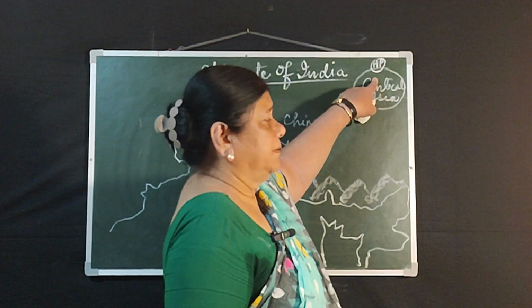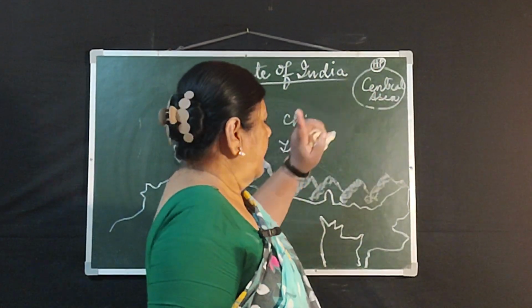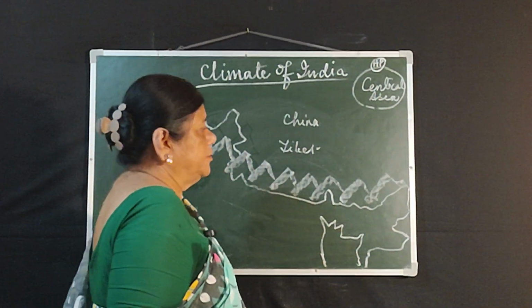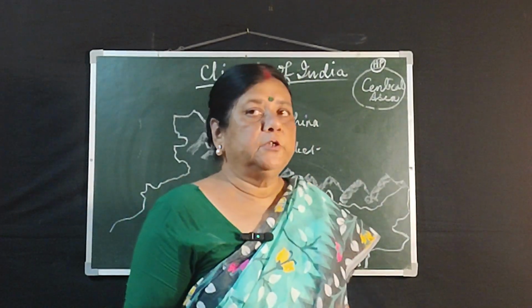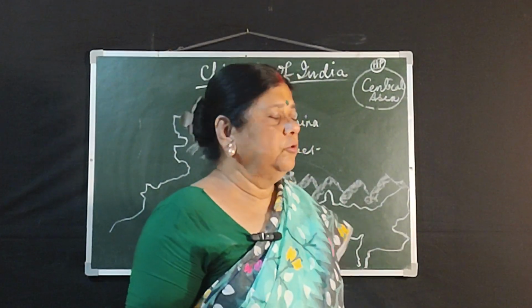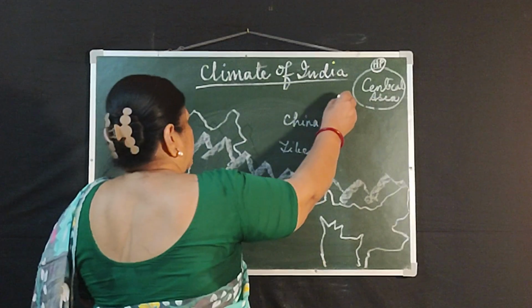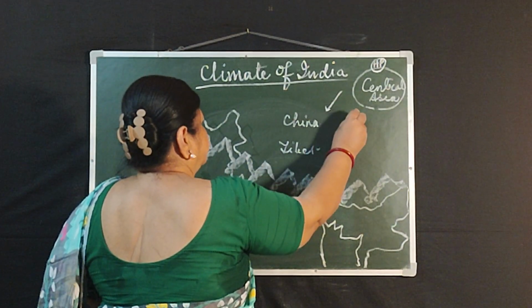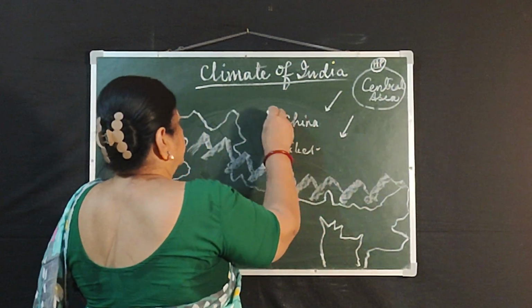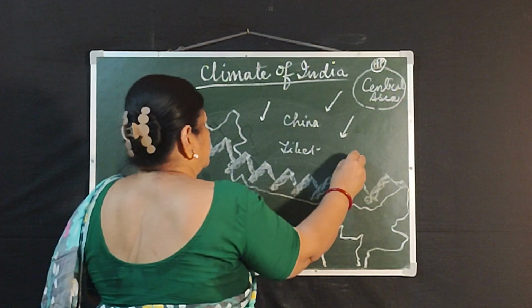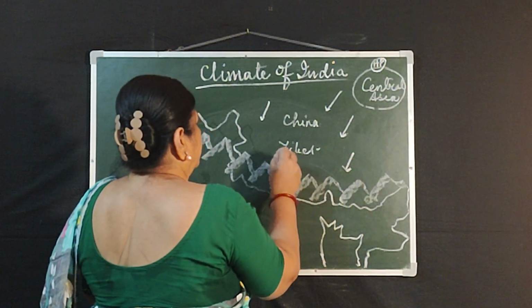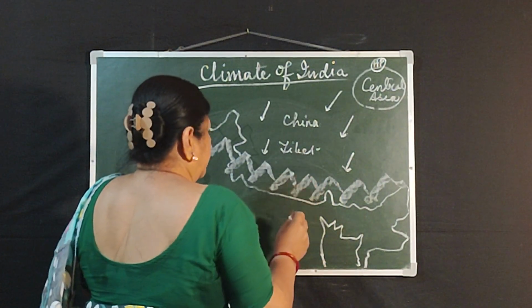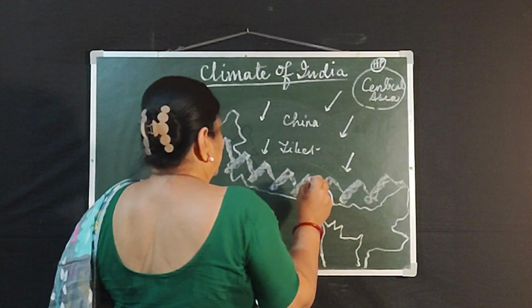So high pressure is developing on the land and low pressure develops on the surrounding water bodies. So the winds always blow from high pressure to low pressure. So they start moving towards India. These are the northeast monsoons because they are blowing from northeast, and they are also called the winter monsoons.